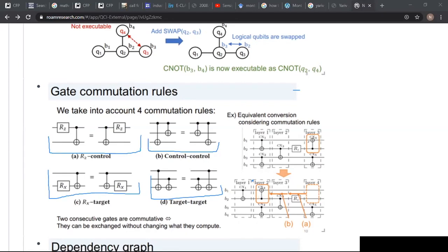It won't actually make a difference if you bring this to this and this over here. So that's what we have done over here. If you have two consecutive gates that are commutative, it means that they can be exchanged without changing what they compute. That is the whole difference, and this technique is very helpful when you optimize your circuit.